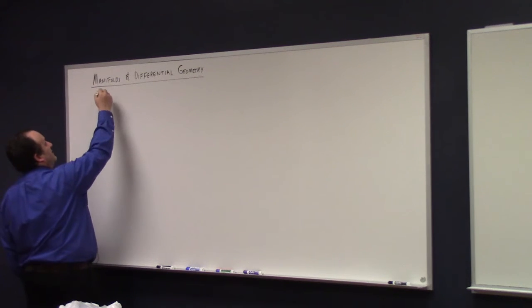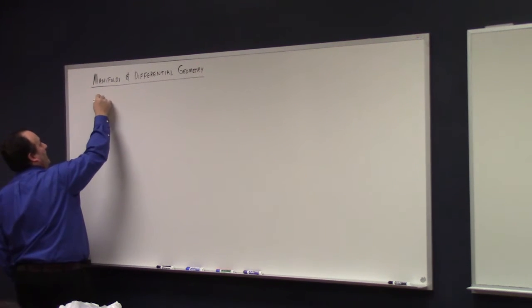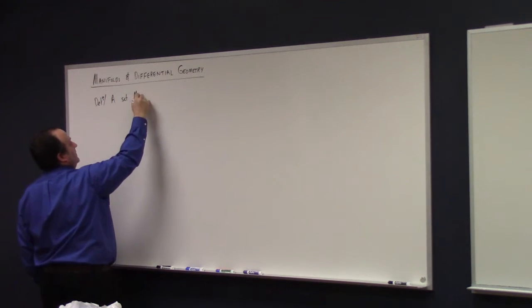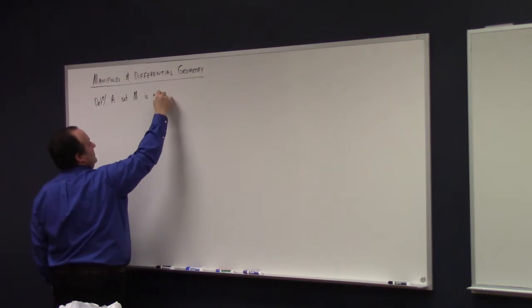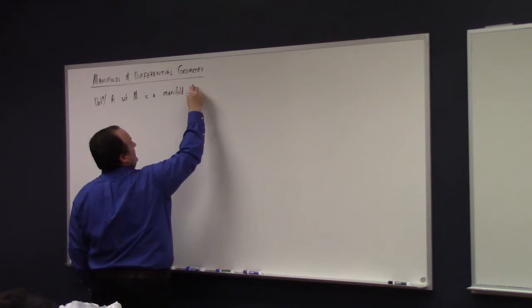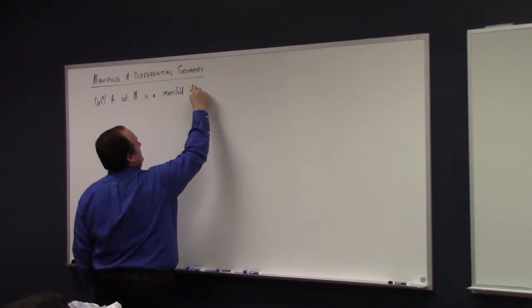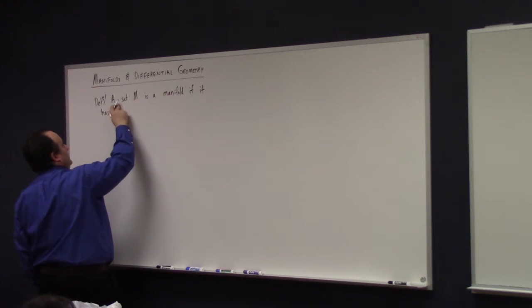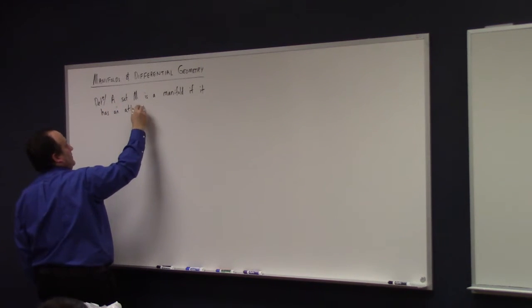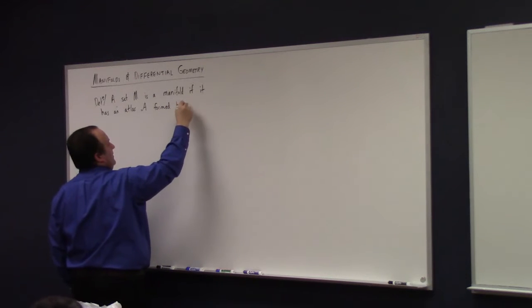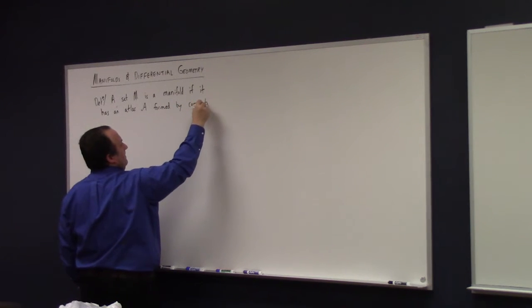What is a manifold? So, definition: a set M is a manifold if it has an atlas A formed by compatible charts.